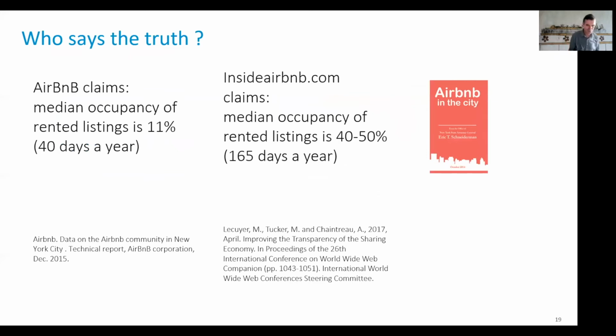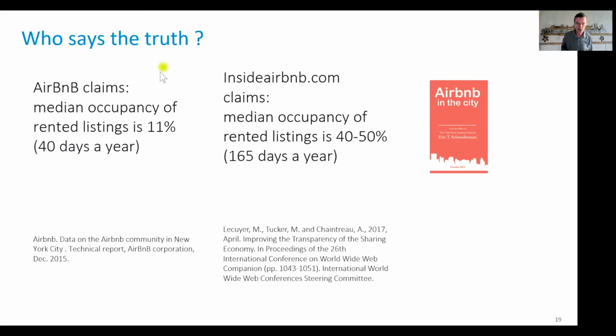Here's an example. That's an article that there was, you may remember, 1.5 years ago, there was a dispute about Airbnb. So many cities claim that Airbnb is in fact vampirizing the business of hotels and is transforming apartments and houses in general into hidden hotel rooms.